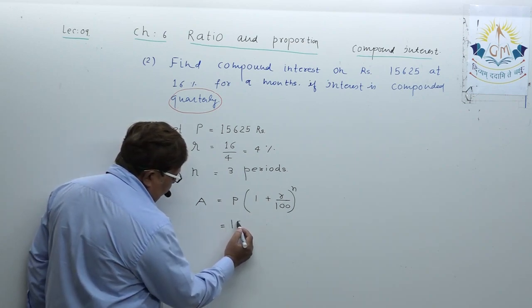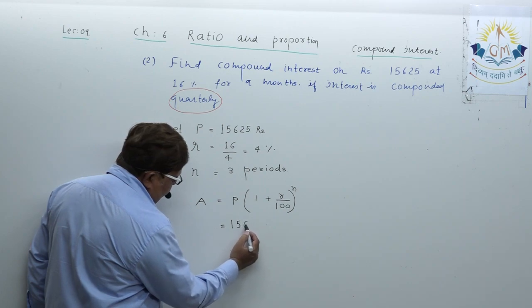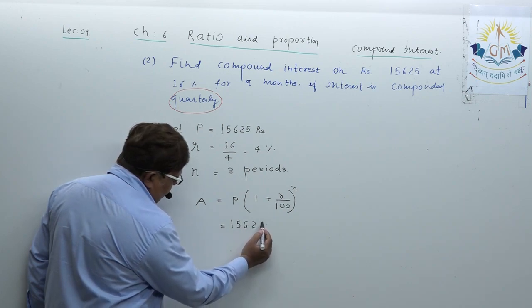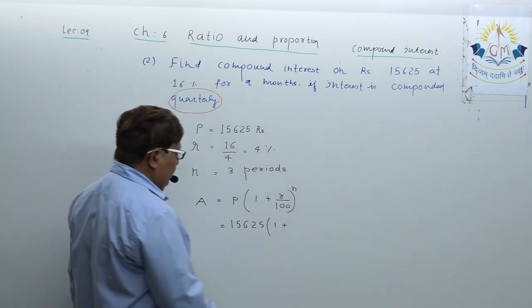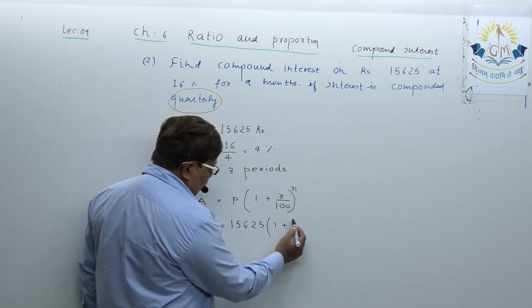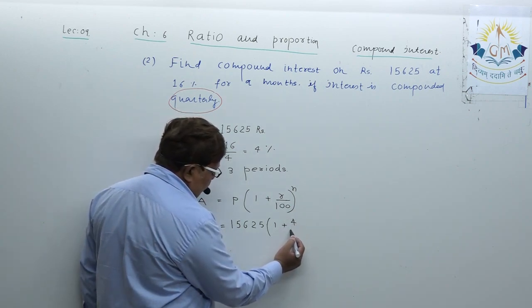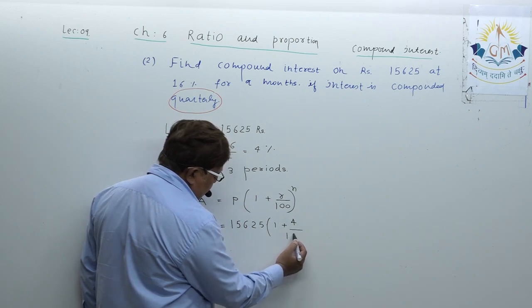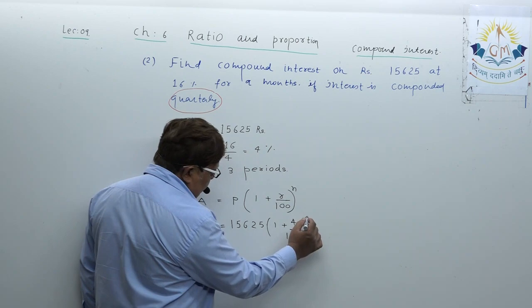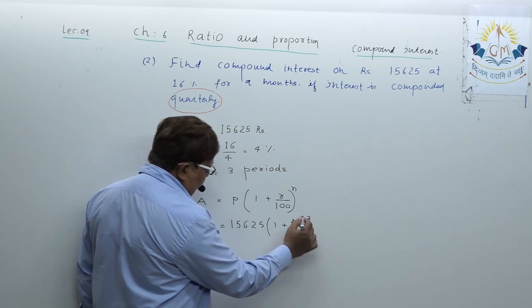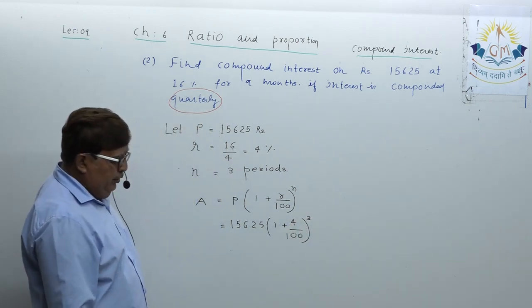Principal amount given 15625. 1 plus rate of interest is 4% upon 100 raised to the power of 3.